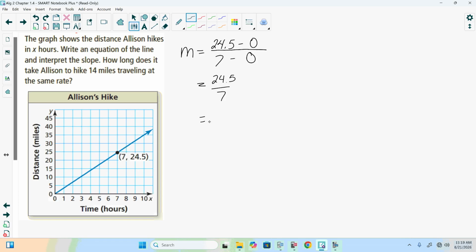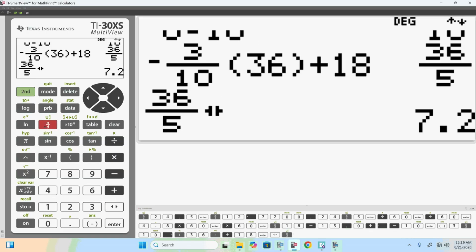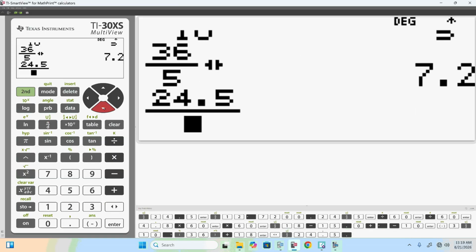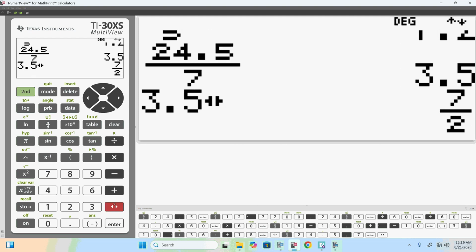We cannot leave it like this. We cannot have a decimal and a fraction in the same thing. It's going to tell us 3.5. We can use 3.5 or we can use 7/2. We'll use 7/2.